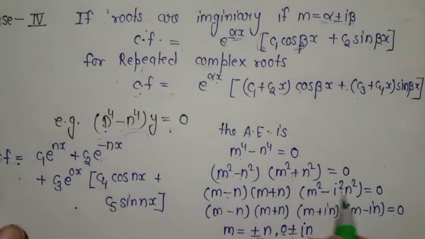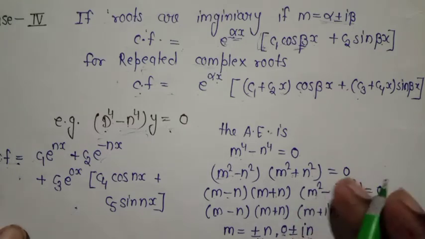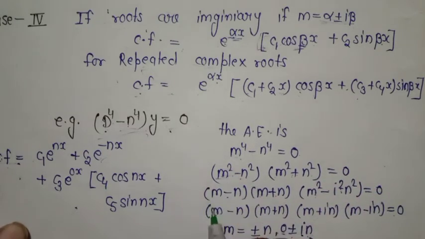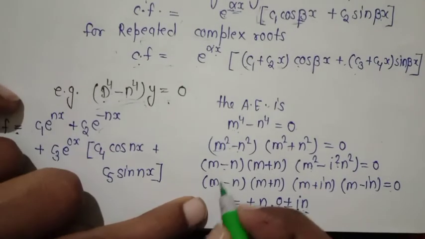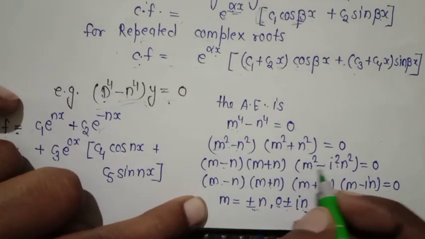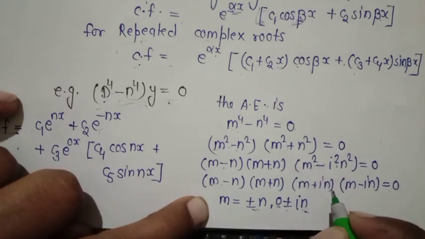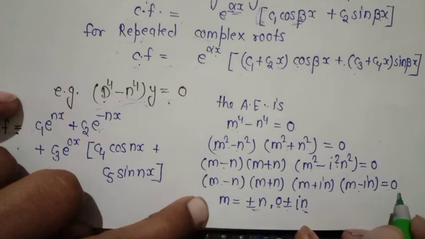So I am writing it in this way since we can easily apply the formula of a square minus b square here. Okay, so I hope you are not confused. So I am going to apply the formula. So it becomes m minus n, m plus n, and I can apply the formula of a square minus b square here. So it becomes m plus in, m minus in is equal to 0.